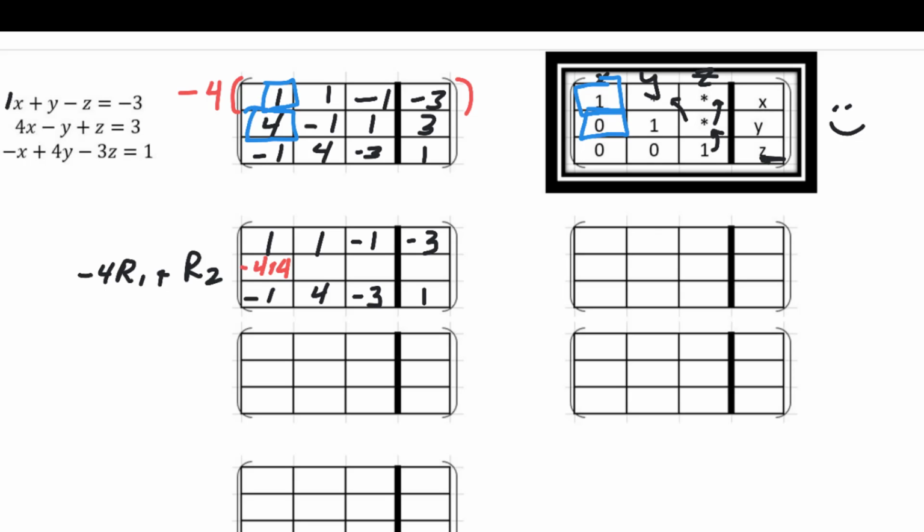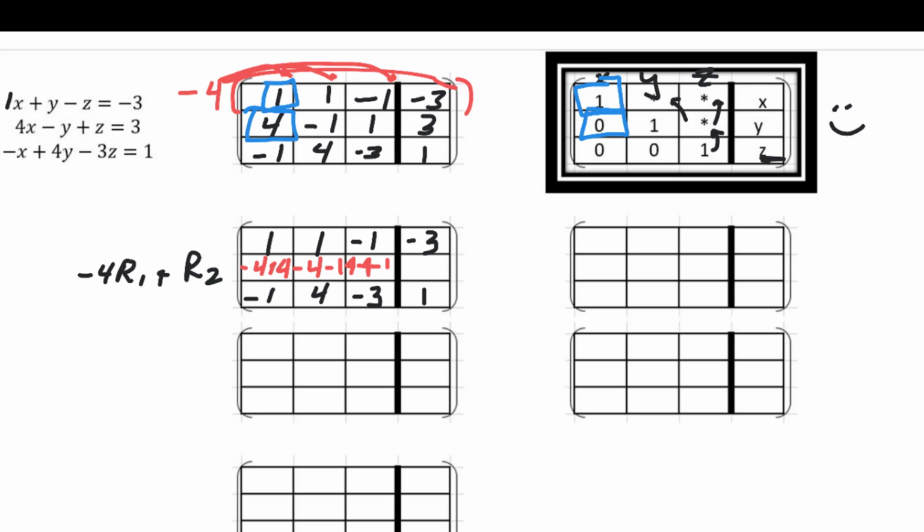So that's the first one. I'm going to take negative 4 times 1 again, which is negative 4, and then add it to negative 1, or minus 1. I'm going to take negative 4 times negative 1, which will be a positive 4, and add to the 1 that's already in there.